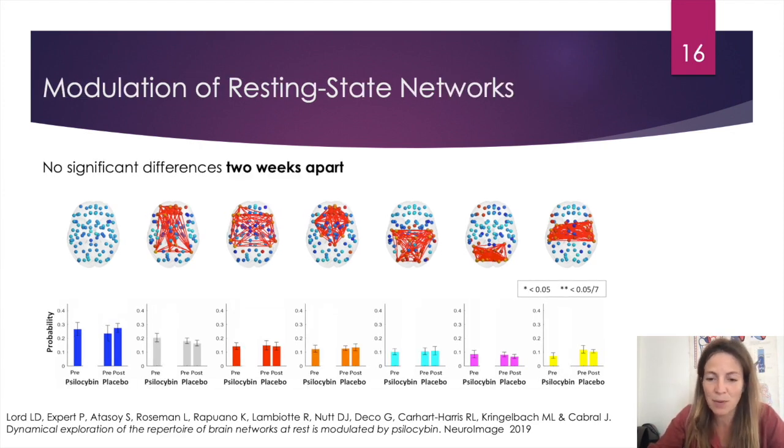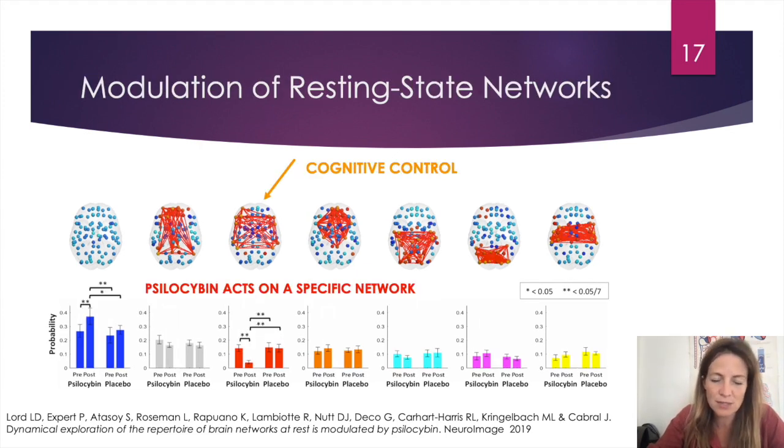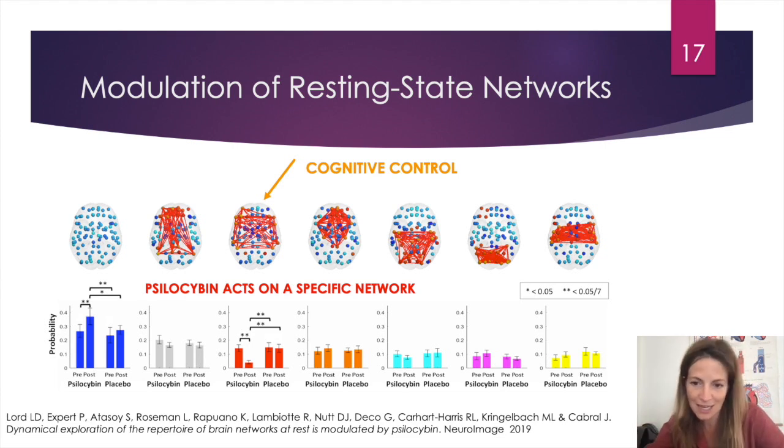Even 2 weeks apart, before the psilocybin infusion, we also did not detect any significant differences, but once psilocybin was infused, it had a strong effect, particularly in this network that has been related to cognitive control. So we can find that there is a given molecule that is acting specifically on one particular functional network.